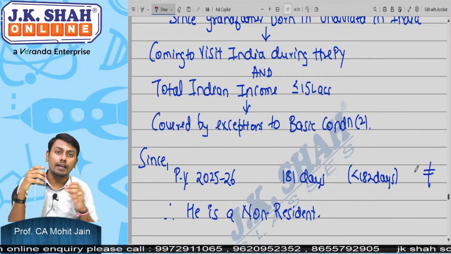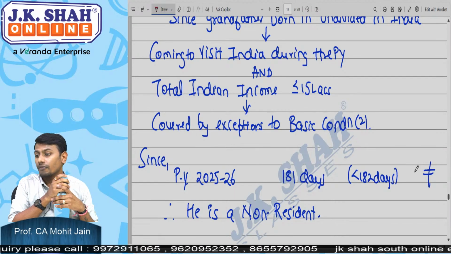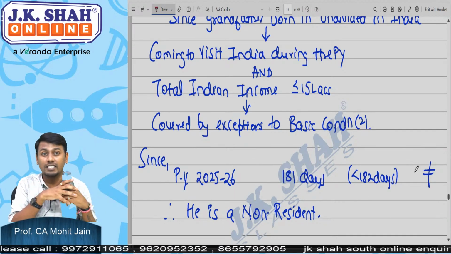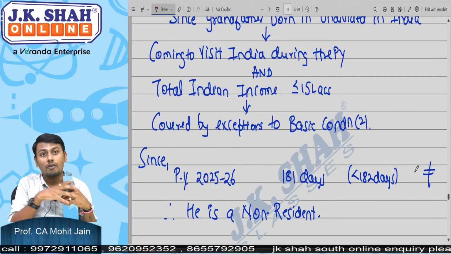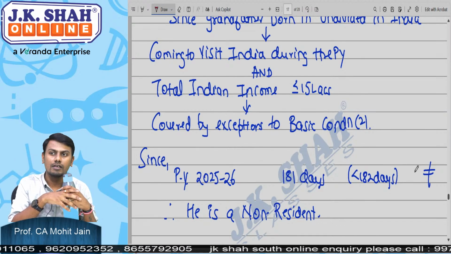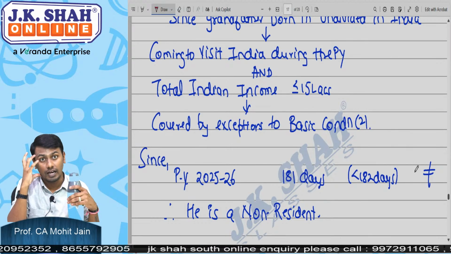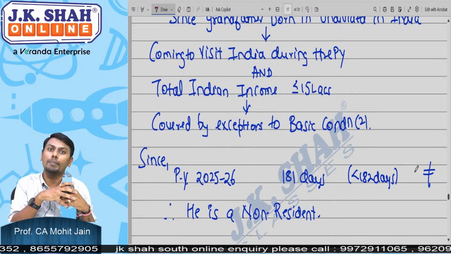Those who are done writing can solve question number 5. Question number 5 is very easy, but I will make it complicated by adding a few other details after we write down the answer. 5 is very easy, but I will give you more cases so that your understanding becomes deeper.